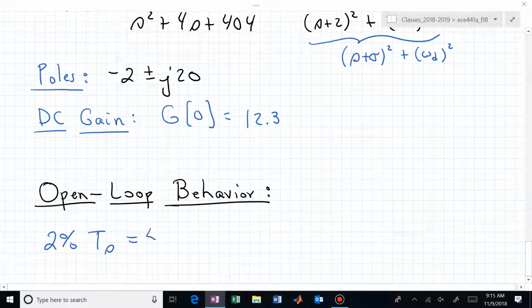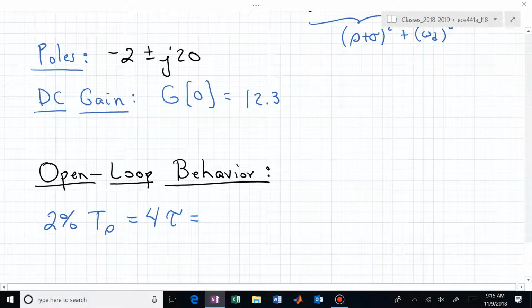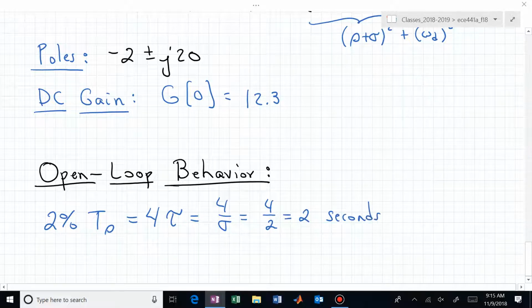Well, if we're just wanting the 2% settling time, that's 4 tau. But tau is reciprocally related to sigma, and we now know what sigma is. Sigma is 2, so you only get to see 2 seconds of shaking. So you have to kind of be watching or you will miss that shaking. It only happens for 2 seconds.